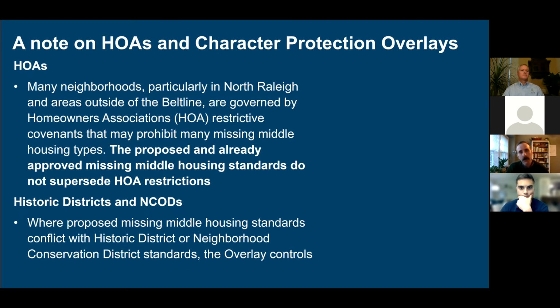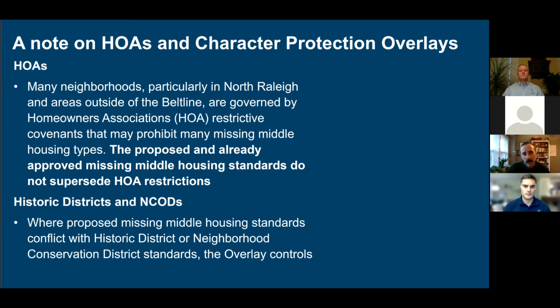Before I really go through that list in more detail, though, I do want to make a note about homeowners associations and character protection overlays. So HOAs govern many neighborhoods in Raleigh, particularly in North Raleigh and areas outside of the Beltline. These areas tend to have restrictive covenants, HOA covenants, that may prohibit and likely do prohibit many missing middle housing types.